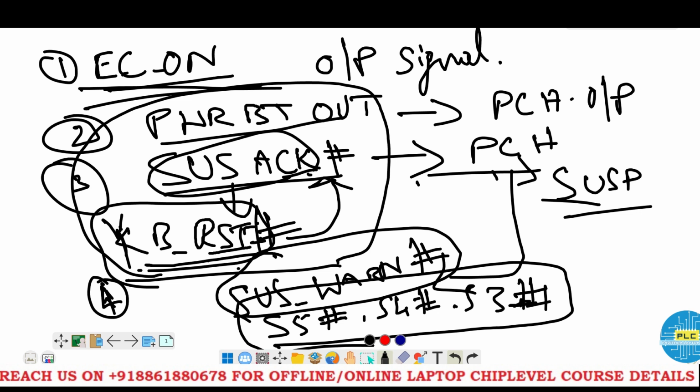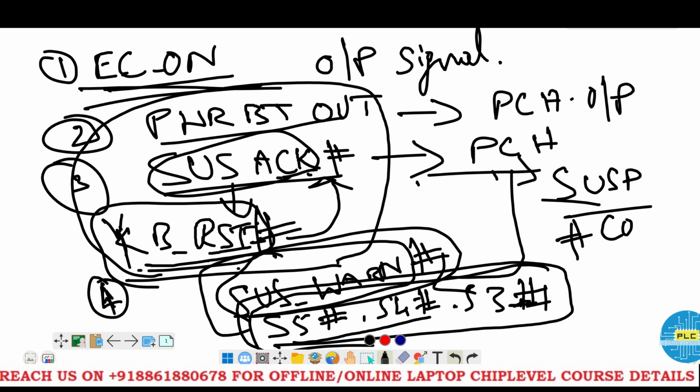So once it receives the acknowledgement, then PCH will send the sus warn signal. After that, if everything is good, then it will send the suspend disable mode. If it is enabled, what things will happen? It cuts the core supply in case these are enabled.